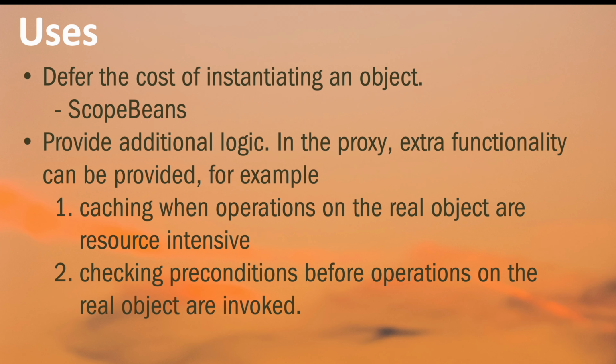So, common usages of proxies. When you want to defer the cost of instantiation of an object, you can use a proxy. An example would be in the Spring context, when you have a singleton bean that depends on a request scoped bean or even a session scoped bean.